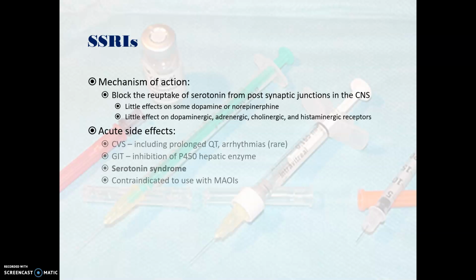However, they do have acute side effects. They can prolong the QT interval leading to arrhythmias, but this is rare. They do inhibit P450 hepatic enzymes and therefore can interact with other drugs that are metabolized by this enzyme system in the liver. They can acutely cause serotonin syndrome, which we'll discuss in more detail, and they are contraindicated with monoamine oxidase inhibitors.